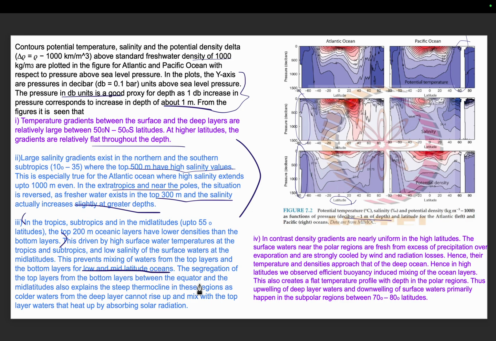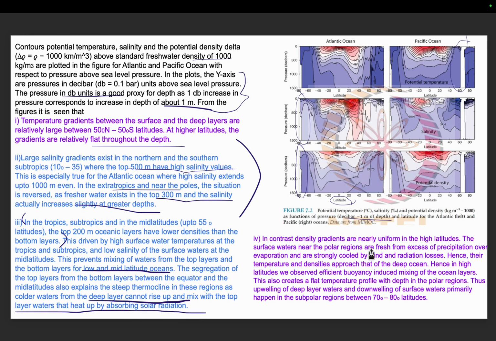The segregation of the top layers from the bottom layers between the equator and the mid latitude also explains the steep thermocline in this region, as colder water from the deep layer cannot rise up in this case and mix with the top water layer, which is a less saline water layer that is heated up by absorbing solar radiation.